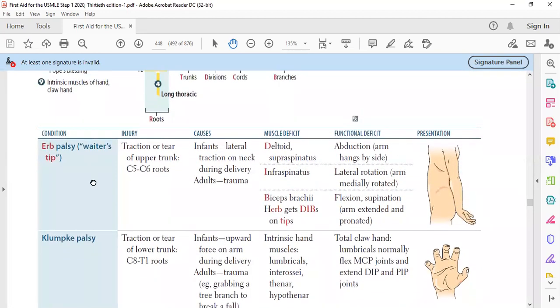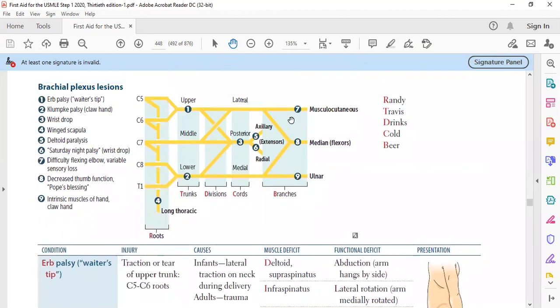So what they are telling us is that C5 and C6 combine together to form the musculocutaneous nerve. And this is the upper trunk of the brachial plexus.